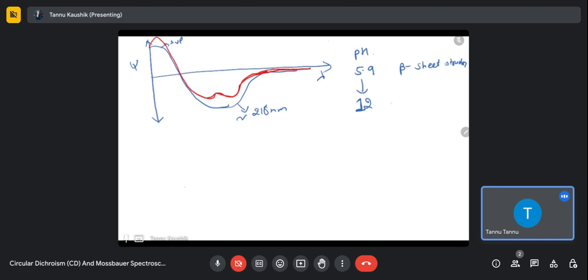So we can say that at this changed pH, the protein structure has changed to alpha helix. So based on different pH and temperature conditions, we can also define how the structure of a protein is changing.